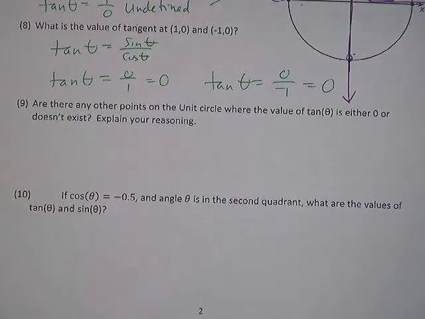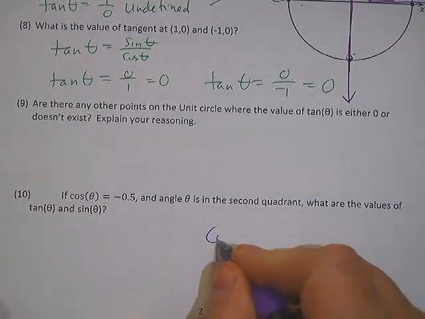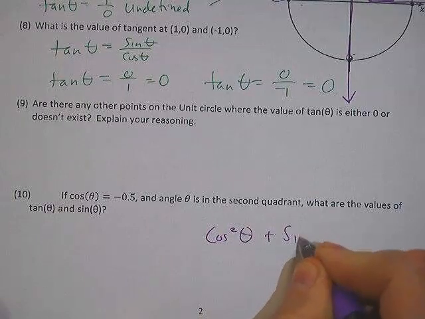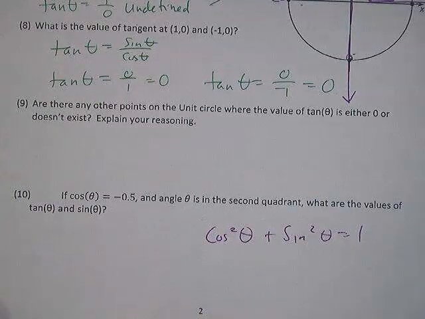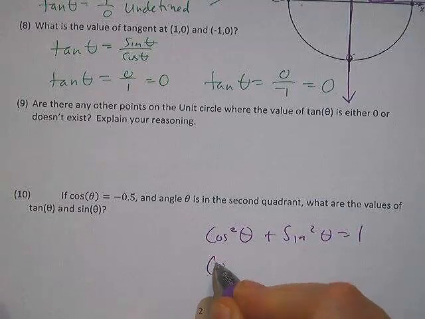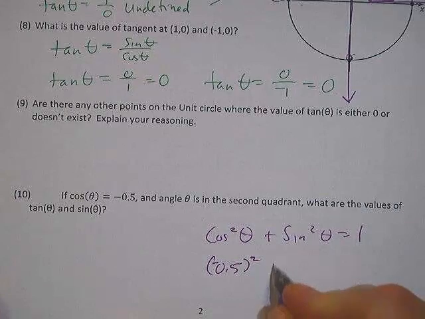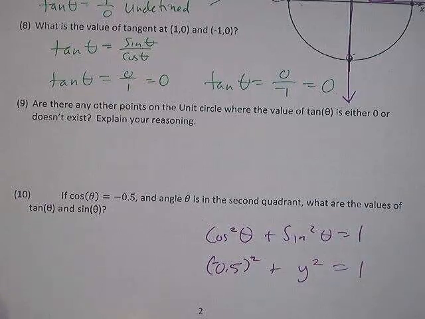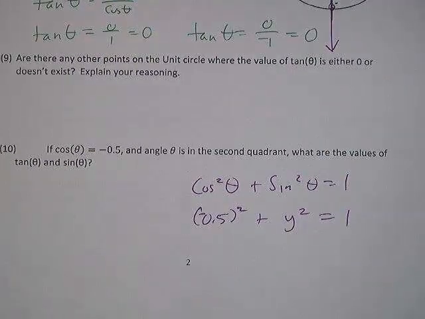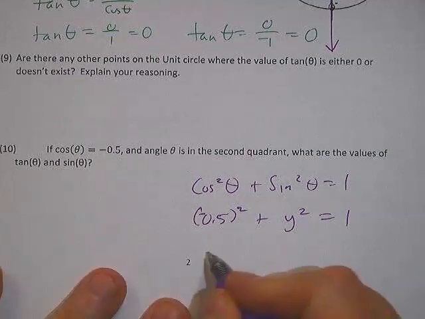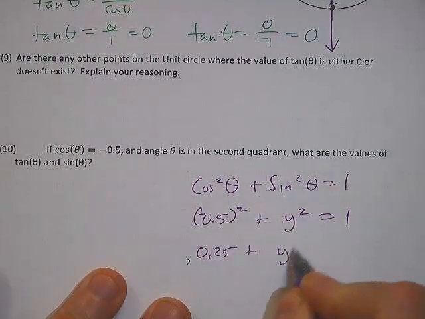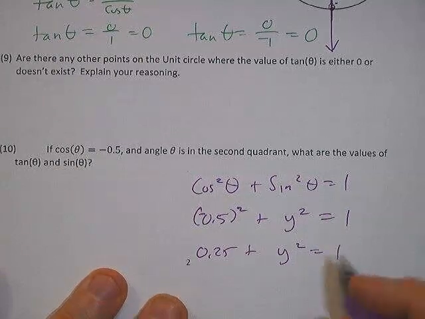Problem 10, cosine is negative half. And the angle is in the second quadrant. What's the value of tangent and sine? So if I do cosine squared theta plus sine squared theta equals 1, we're told that cosine is negative 0.5, squared. Again, if you're uncomfortable with sine squared theta, you can always replace sine theta with y. So this is 0.25 plus y squared equals 1.